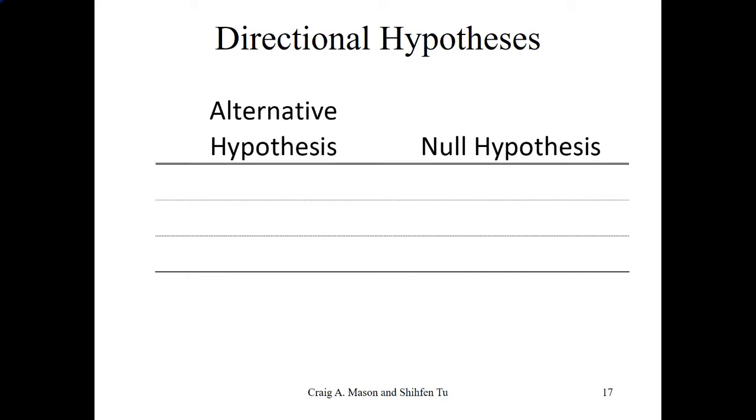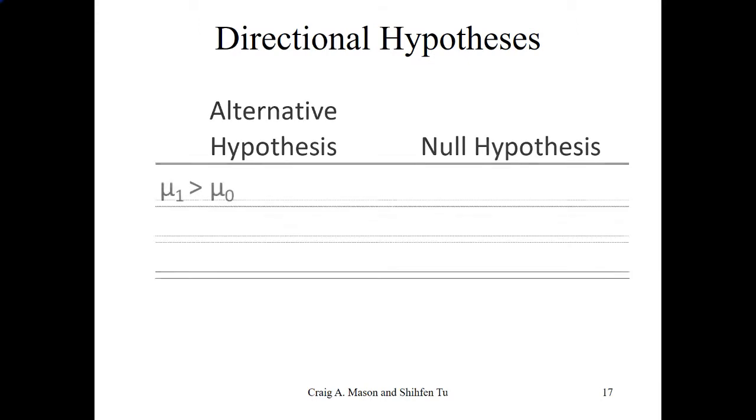Given that, there are a couple of ways that the null and alternative hypotheses can be conceptualized. Mathematically, we can write the alternative hypothesis as mu1, or mu alternative, is greater than mu0. Remember, in previous videos, we noted that H1 was shorthand for the alternative hypothesis, so that's why we use mu1.